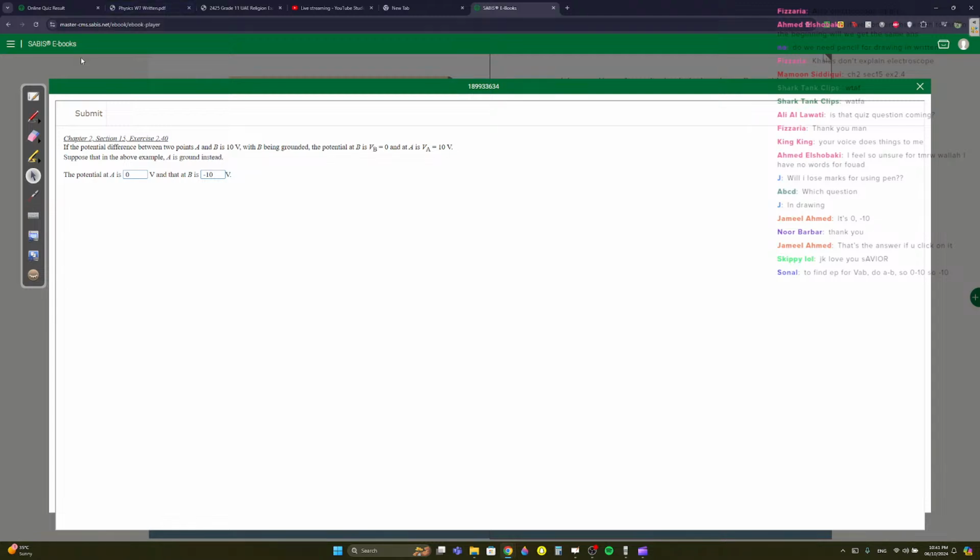Okay, so they're saying VAB is equal to 10. So that means VA minus VB is equal to 10. And when VB is equal to 0, 10 minus 0 is 10. In this case, if A is ground instead, that means VA is equal to 0. So let's substitute: 0 minus VB is equal to 10. So VB is equal to negative 10. Okay, yes, I get it.